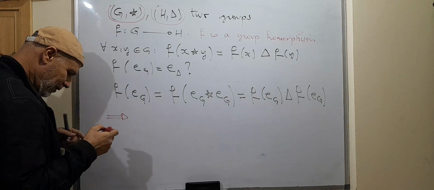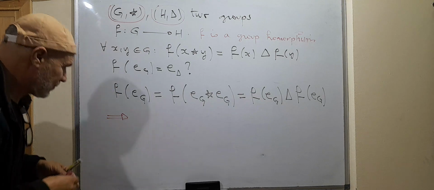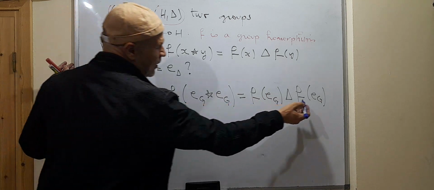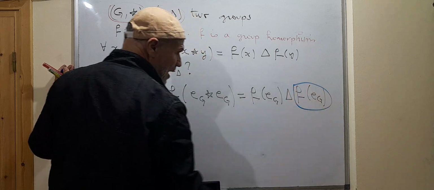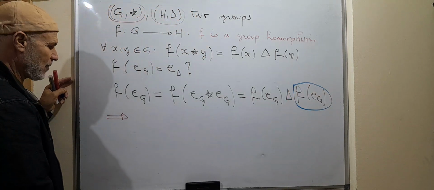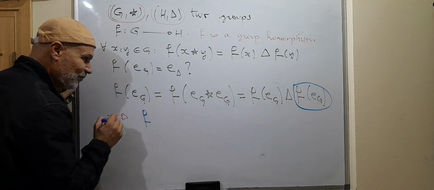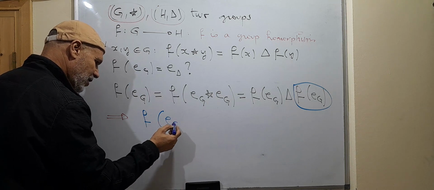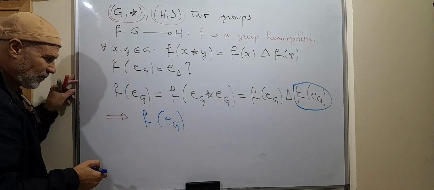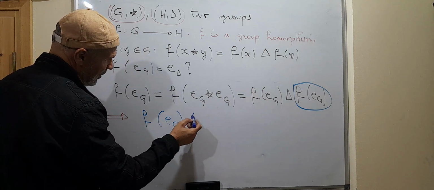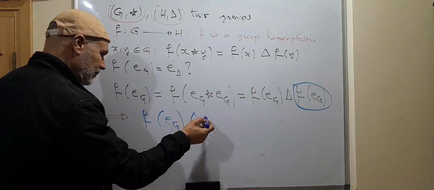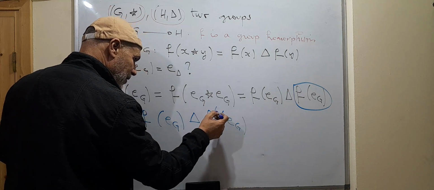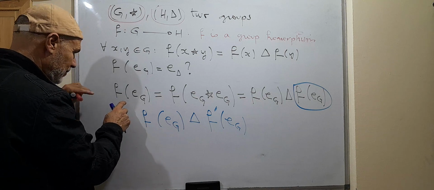Which implies that if we take the inverse of the element f of e_G in H, we get f of e_G Δ f of e_G prime.